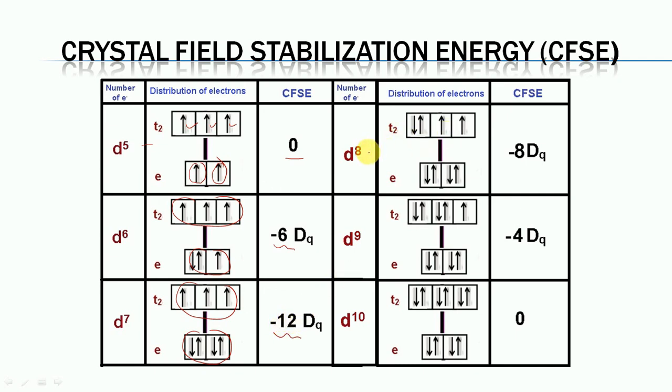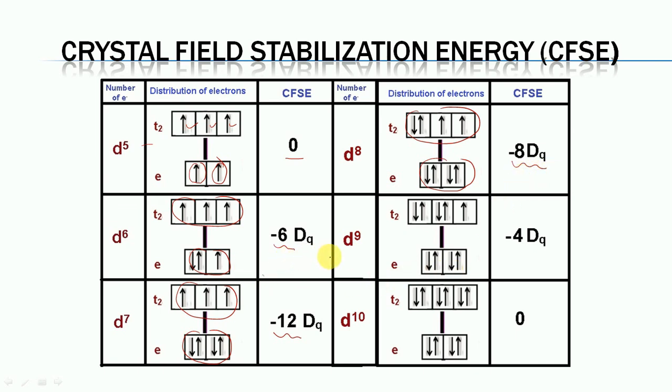Then the d8 system. In this case, 4 electrons will occupy the lower energy e orbital and 4 electrons will occupy the higher energy T2 orbital, and the crystal field stabilization energy in this case is equal to minus 8 Dq.